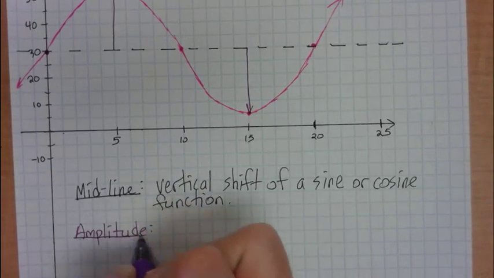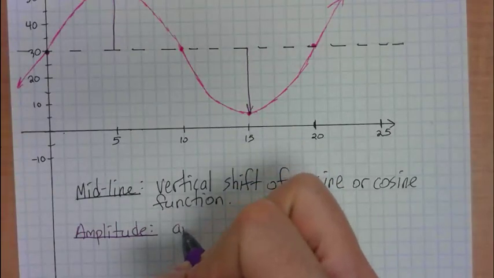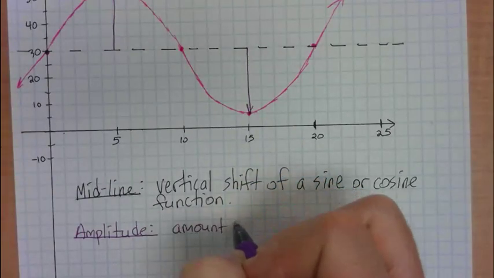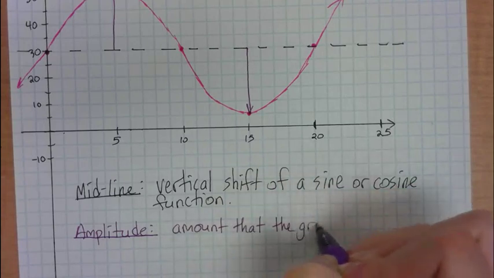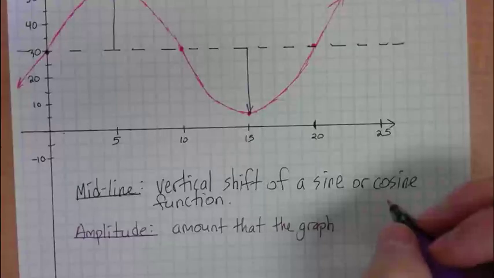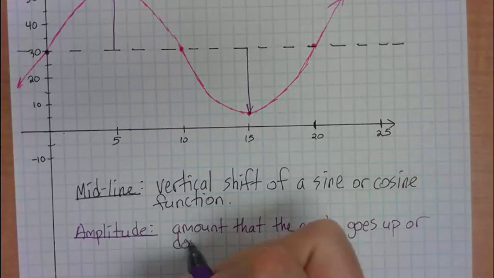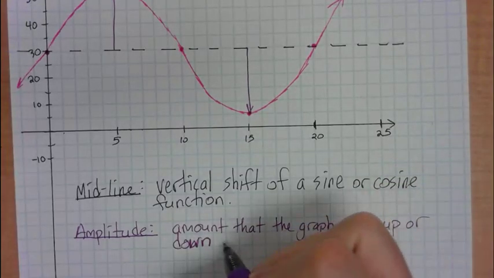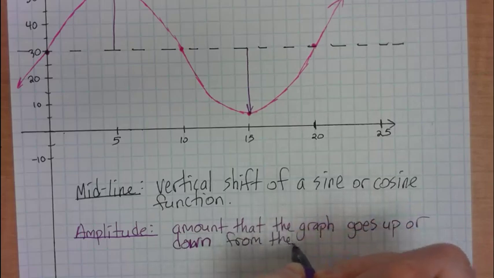So amplitude is the amount that the graph goes up or down from the midline.